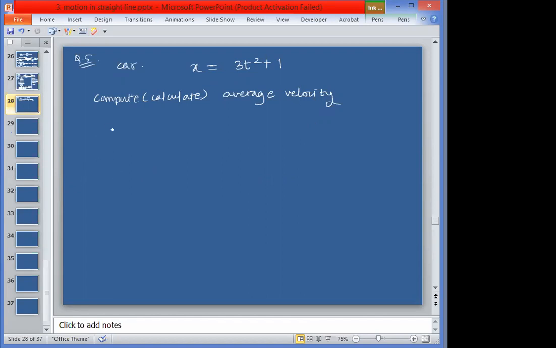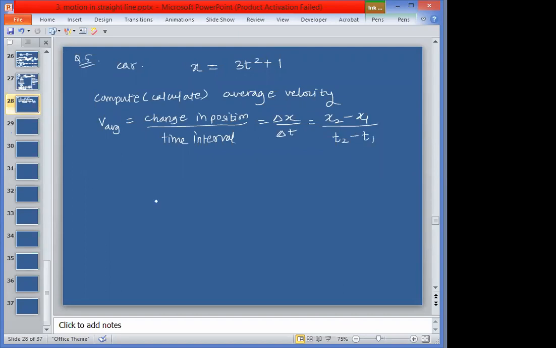They have given the formula of average velocity as change in position upon time interval. Formula is also given in the question. So change in position delta x upon delta t. Change means always final minus initial. Final position x2, initial position x1, final time instance t2, initial time instance t1.